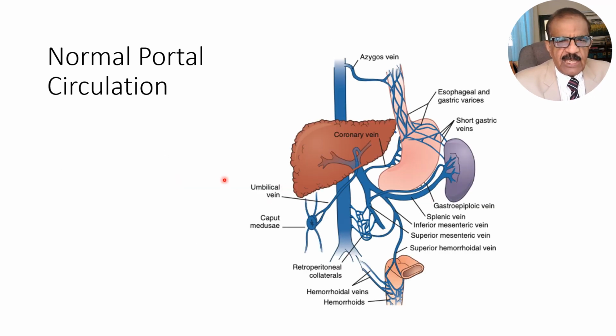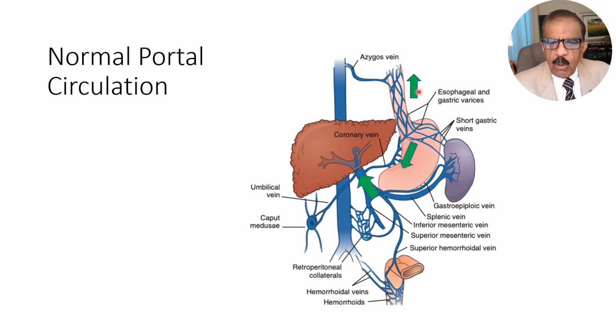Now, to further explain normal portal circulation, as I've already explained, from the intestine, from the spleen, and from the stomach, blood goes this way. From here, blood goes this way and into the portal circulation. After all the nutrients are processed, blood goes back to the systemic circulation.